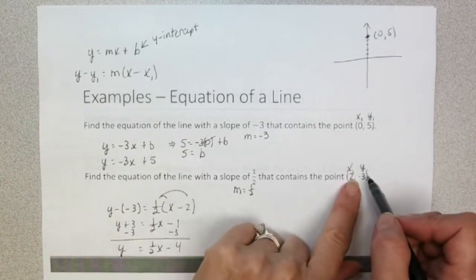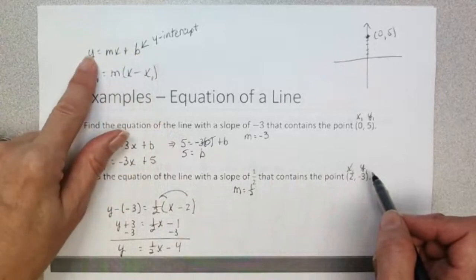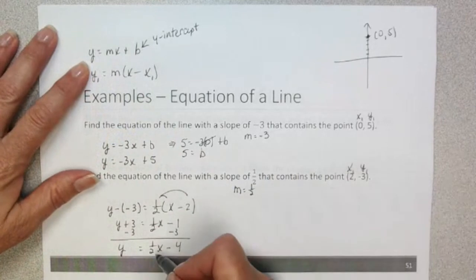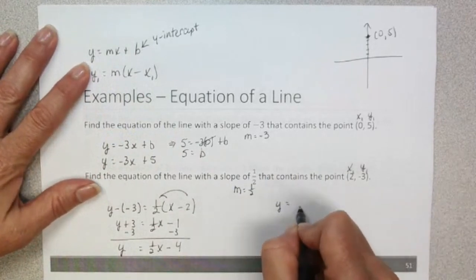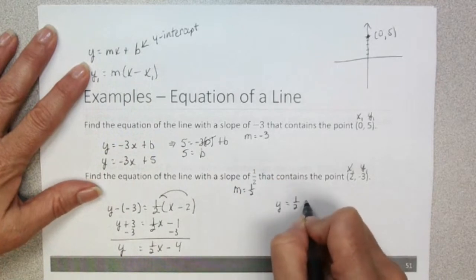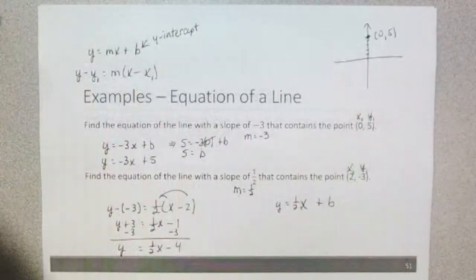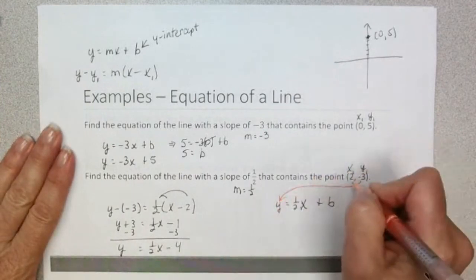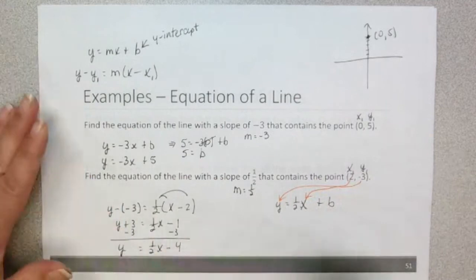I could have also solved the second example here starting with my slope-intercept form and using that point for the x and the y. Let's try it that way. Should get the same equation, right? With the slope-intercept form, y equals mx plus b. I know m, it's 1/2, but I don't know what b is. But I can use this point to find b, right? So I'll substitute the negative 3 in for the y, the 2 in for the x, and then I'll just solve for b.